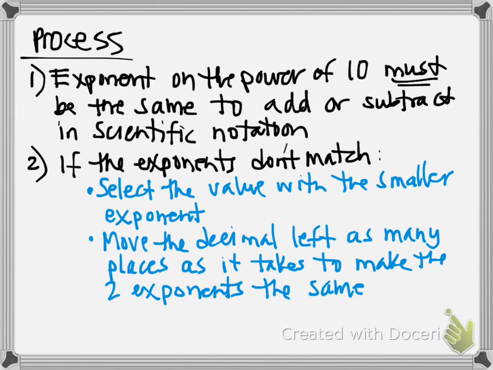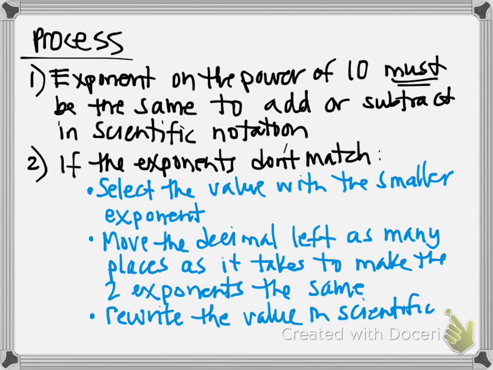So again, we select the value with the smaller exponent, and we're going to move the decimal left as many places as it takes to make the two exponents the same. So we're going to rewrite the value in scientific notation with now matching exponents.